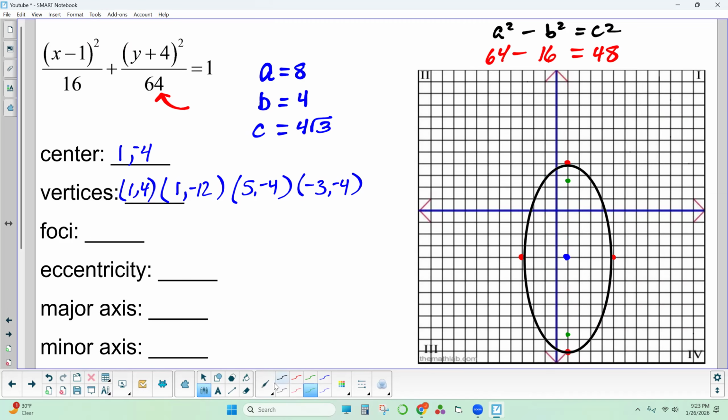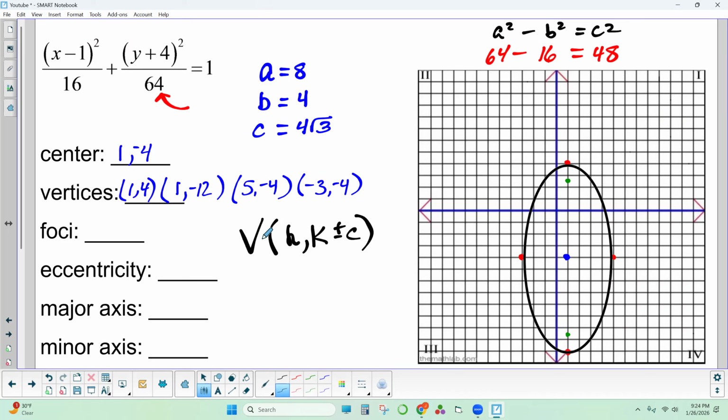Now, to write those coordinates, it's a vertical ellipse. So for a vertical ellipse, our foci are going to be at (h, k plus or minus c).